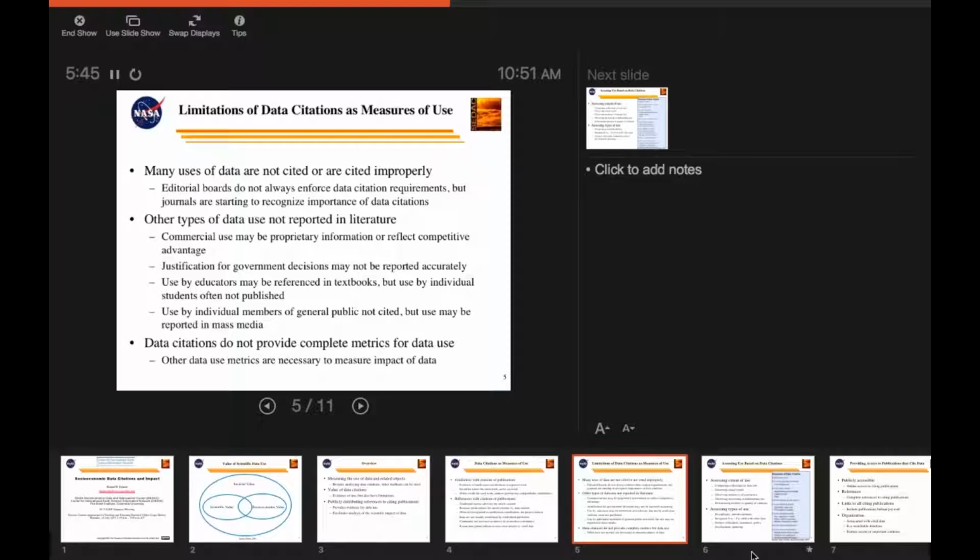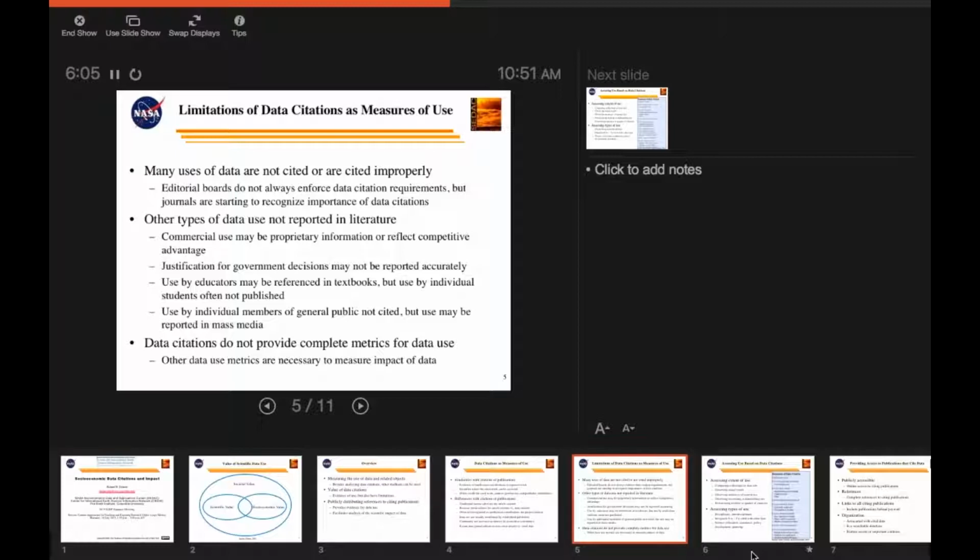And in terms of different types of use, you look at disciplinary versus interdisciplinary, or how the data are being cited with other data, co-citations, or how they're affecting science, education, commerce, policy, et cetera.